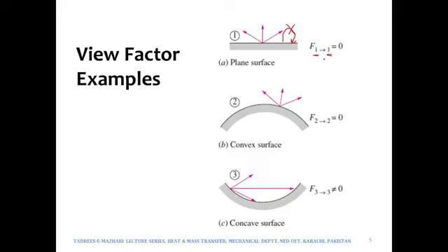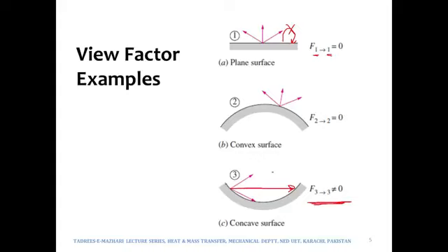It would in fact depend upon the geometry. For example, take a look over here. If this is 3, now over here there is some radiation which is leaving 3 and is being incident upon itself. So in this case F33 will not be 0. So it would depend upon the geometry of the object. Again, it does not mean that in a curved surface F from that surface onto itself would always be non-zero.